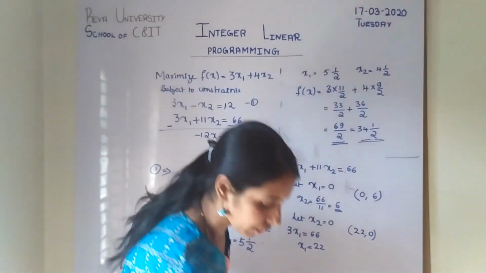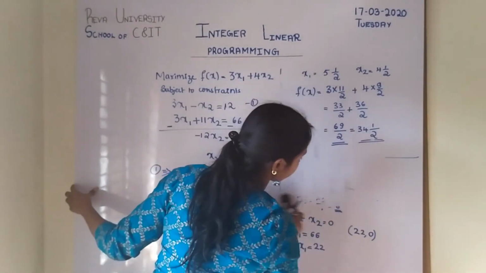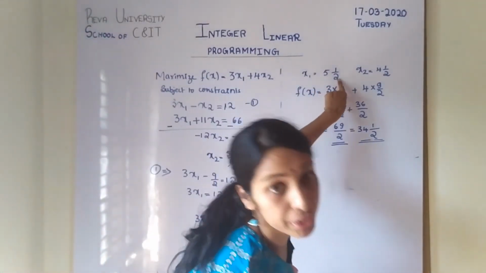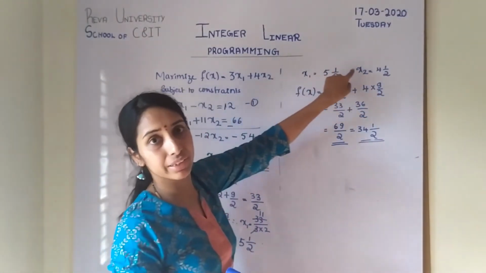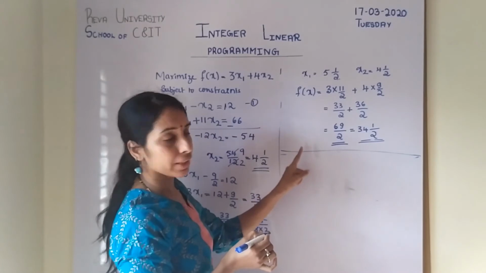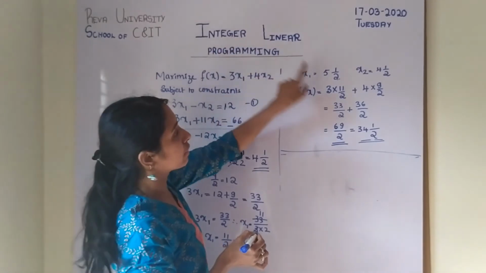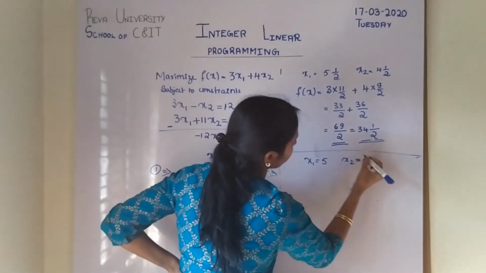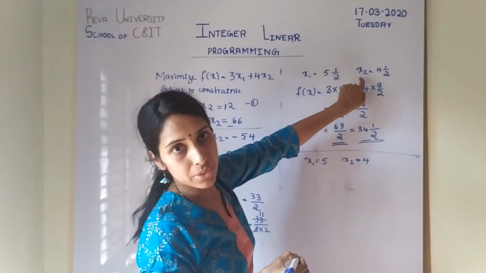So to convert this into integers, let us make an assumption by truncating the fraction parts present in your x1 and x2 values. We want integers, so x1 is equal to 5, x2 is equal to 4. I have considered only the integer part of our actual solutions.